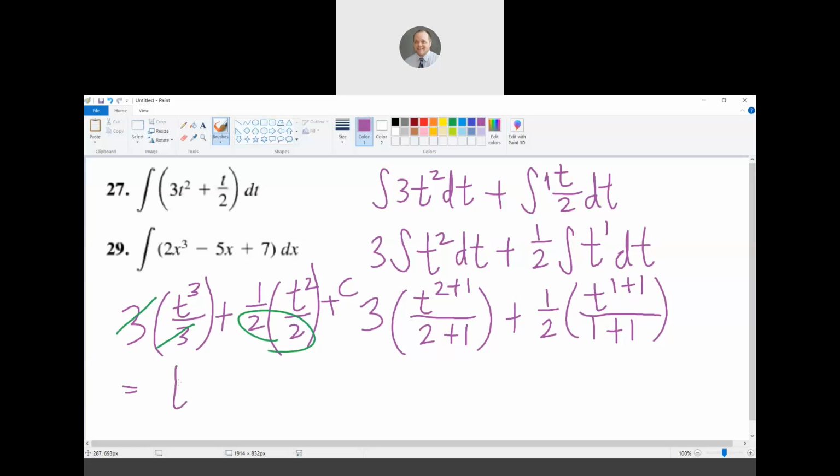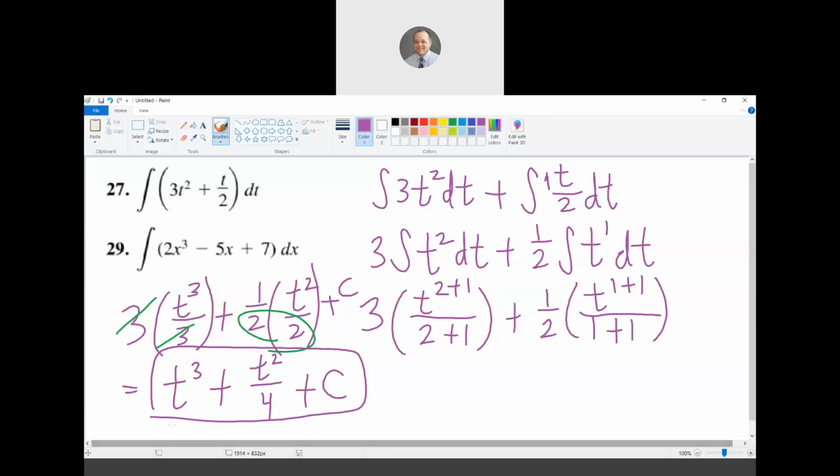Our final antiderivative is t cubed plus t squared over 4 plus capital C to represent a constant. Let's look at the next problem.